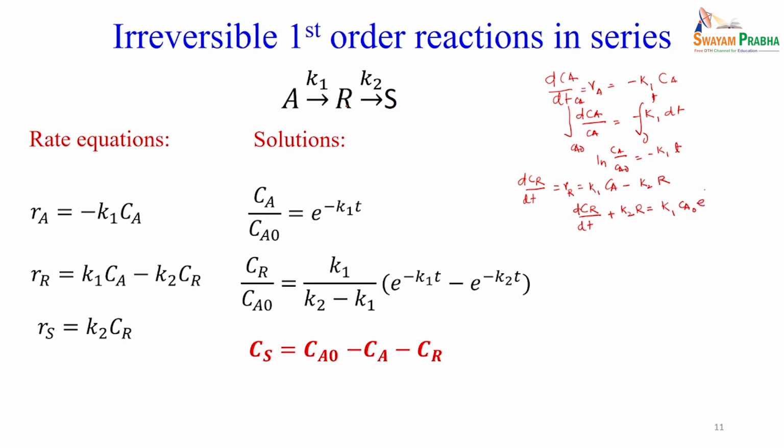So, if you want to solve this, it is like dy upon dx plus Py is equal to Q. So, the solution for this is y into integration factor e to the power integral P dx equal to integral of Q into integration factor e to the power integral P dx plus constant.